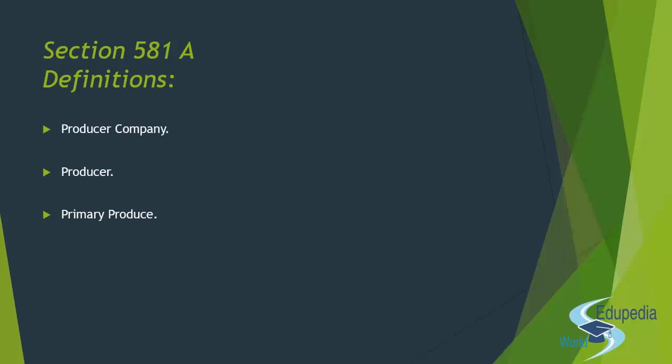And then you also have any produce resulting from the above activity, including the byproduct of such product. So if you were producing any agricultural produce or any produce in the handloom or handicraft industry, and in the process of production you have a byproduct that is coming out, even that byproduct will be considered to be the primary product and valid for your producer company, right?